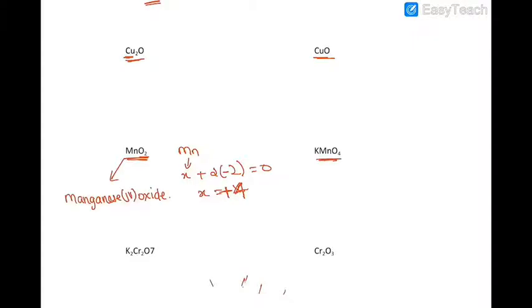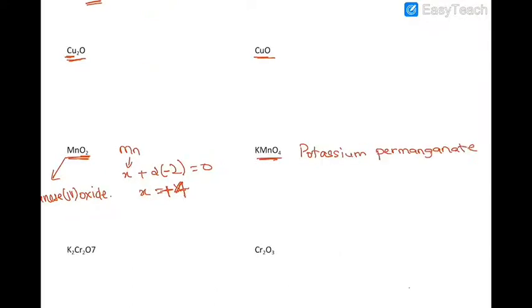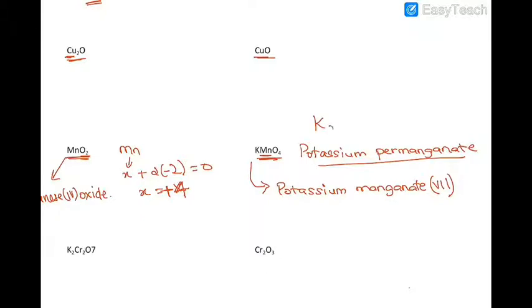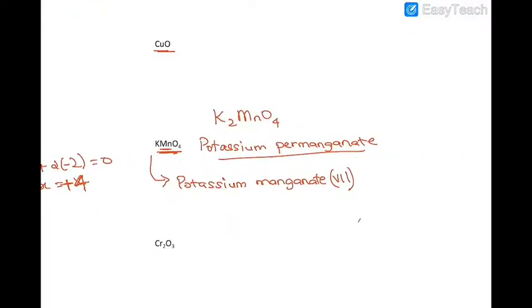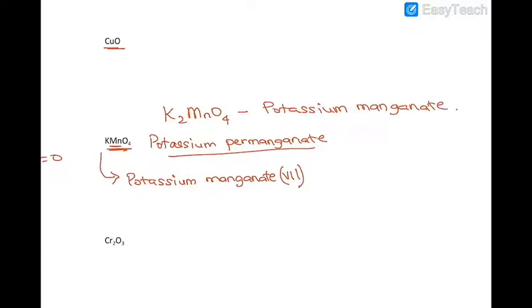Here, KMnO4 is what we used to call potassium permanganate. This is the traditional naming system, but now we call it potassium manganate(VII). The 7 indicates the oxidation state of the Mn. Then there is another compound of manganese, K2MnO4. This used to be called potassium manganate.